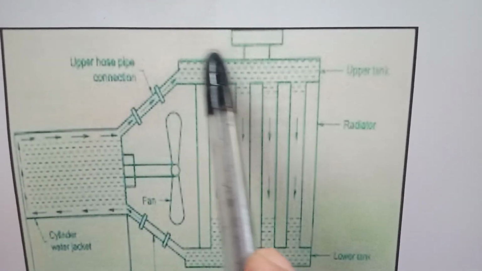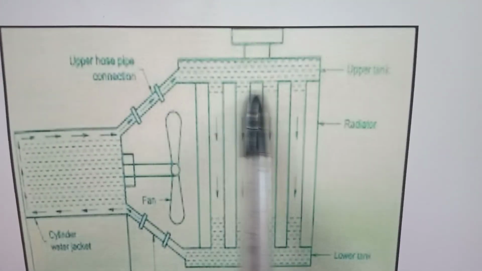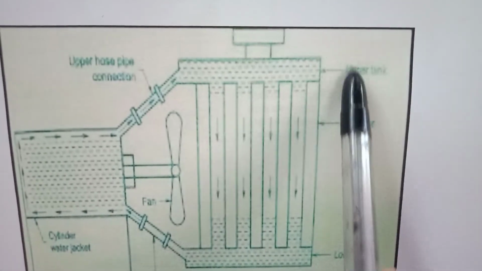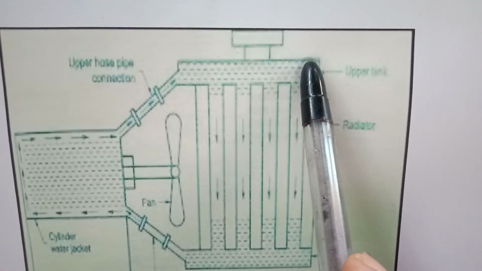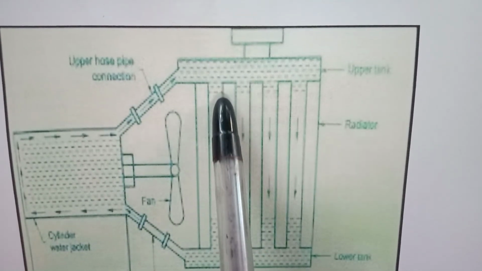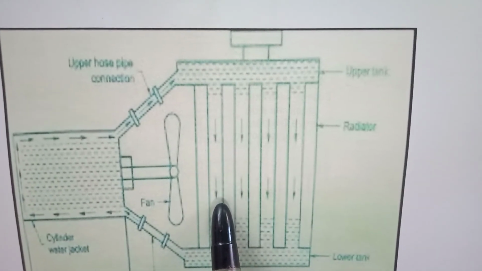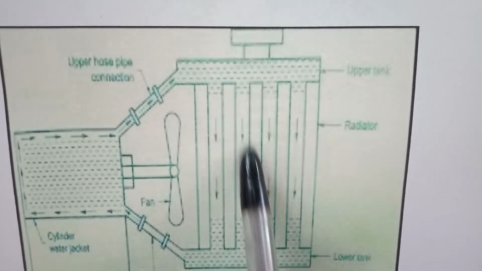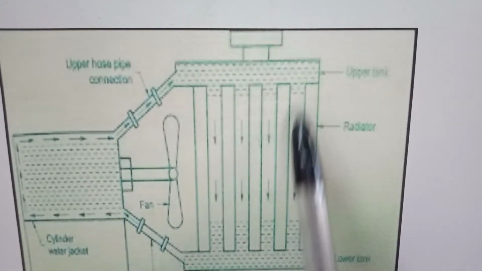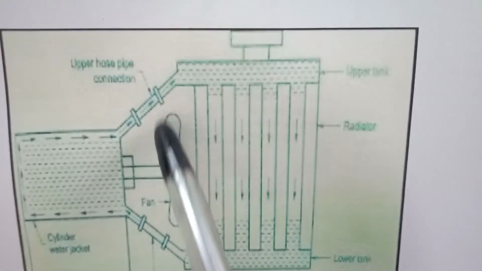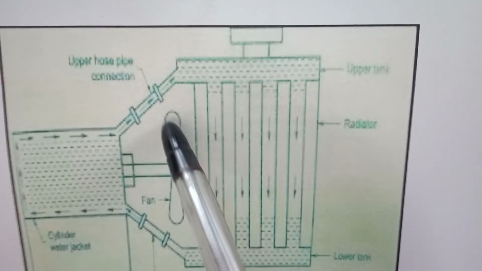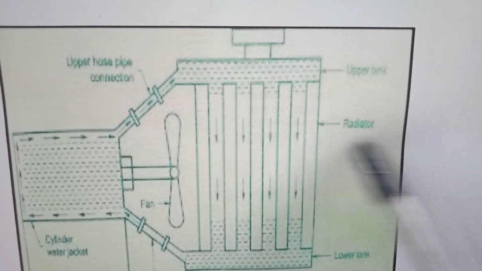As this water moves upward, the hot water will accumulate in the upper tank. Gradually this hot water will move downward through the small pipes as shown in the figure. As the water moves through the small pipes, because of this fan, when the fan rotates, it sucks in the atmospheric air.